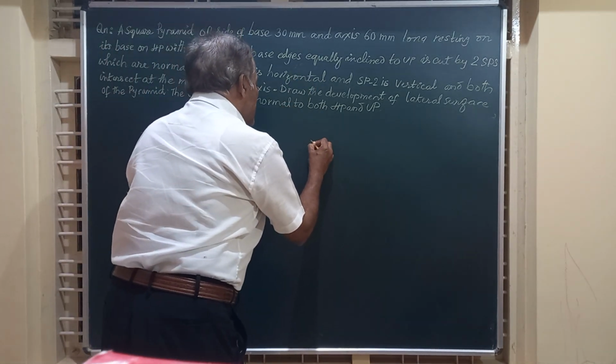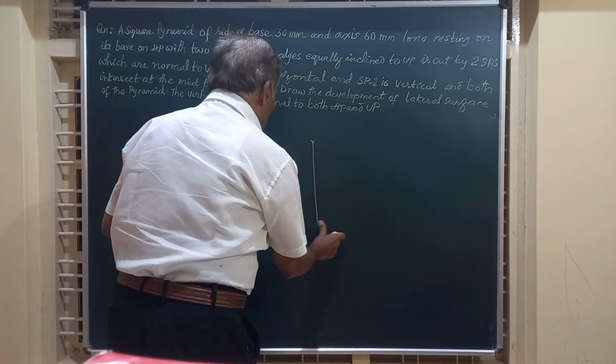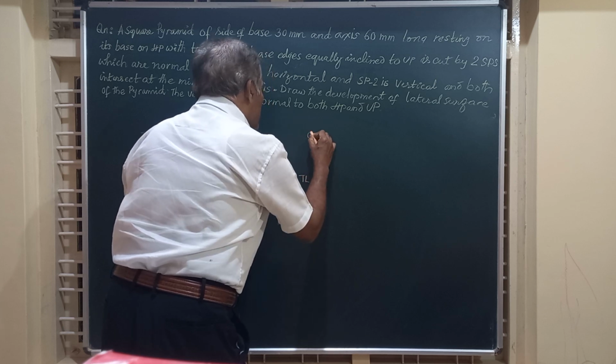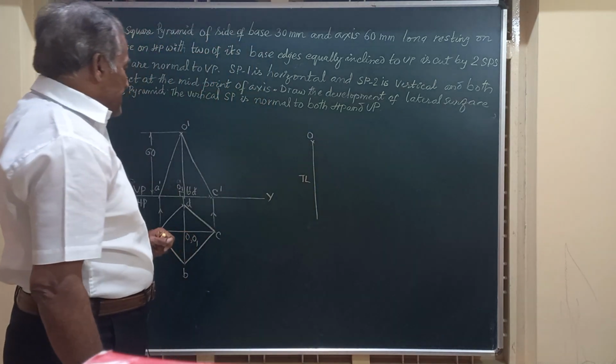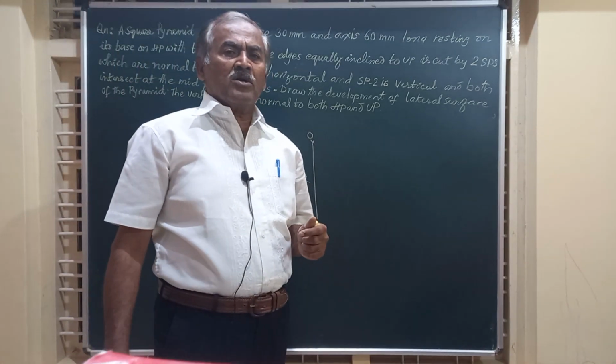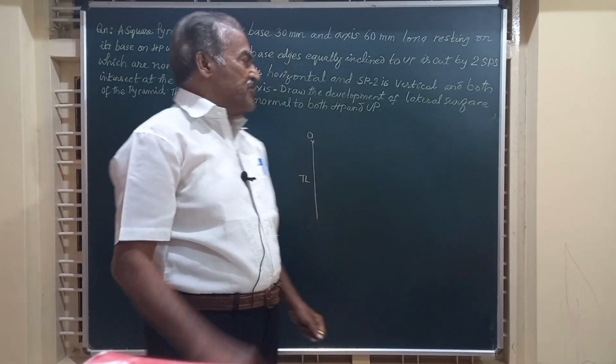So friends, here I am going to draw a vertical line of length equal to the true length, and this is the vertex O. What is this true length? You know very well that all the developments are drawn to true size or the actual size or the true measurement.